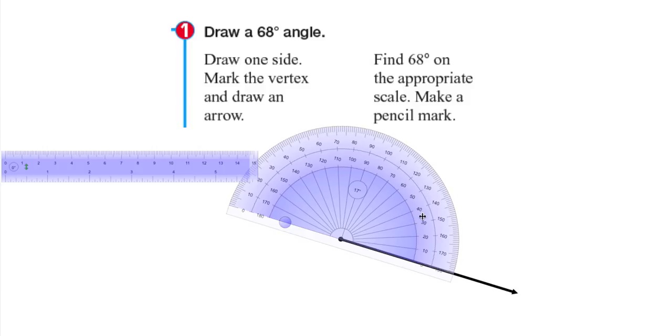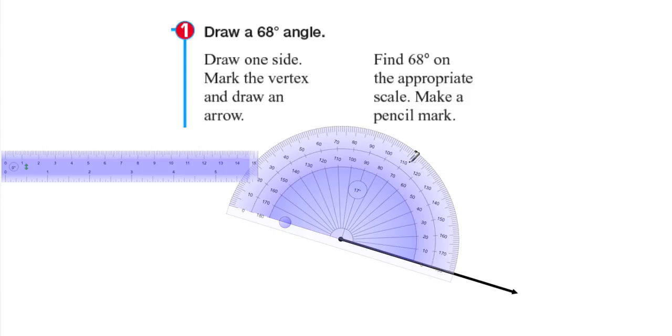When we say we choose the appropriate scale, we find out where the 0 is starting. In this case also, the 0 is starting from the inside of our protractor. So we read 68 degrees from that. That's 10, 20, 60 right here, and 68 degrees is right around, that's 65, it's right around here.